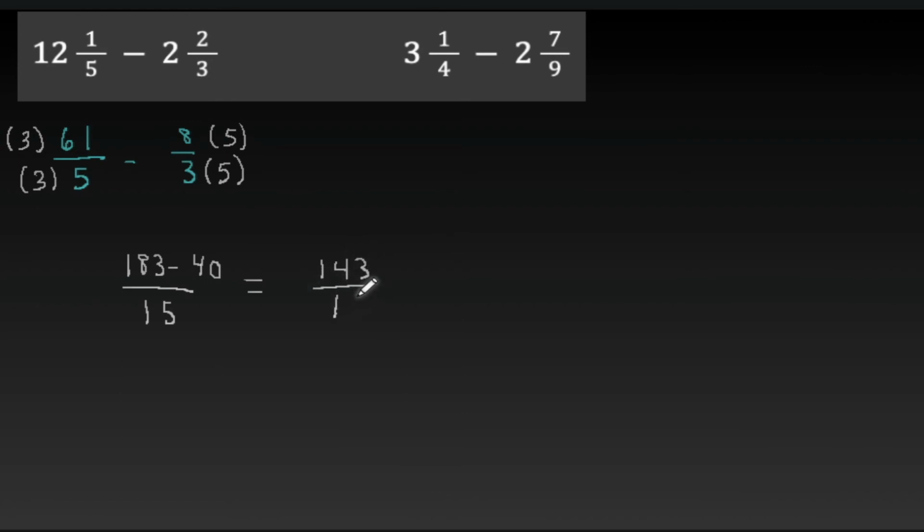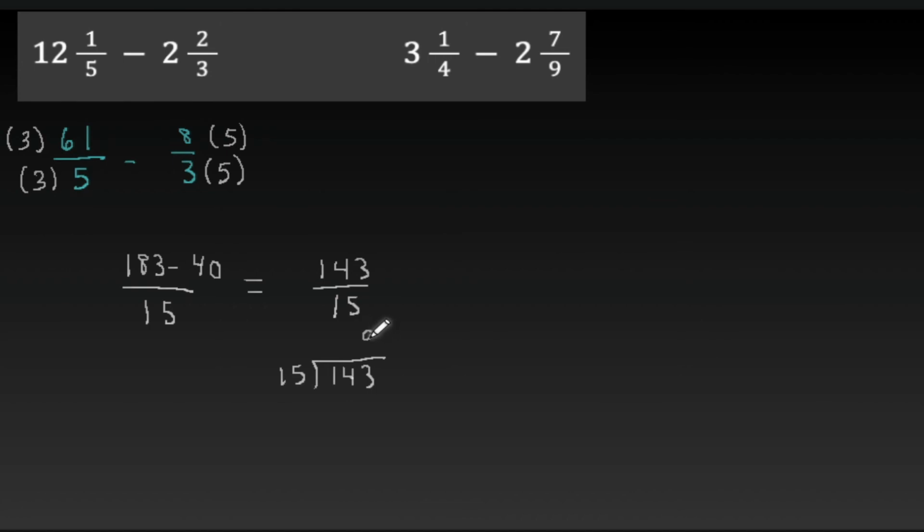over 15. So if you can see, this is an improper fraction. We cannot leave it like this. We have to simplify this even further to where the answer is a mixed number. So let's go ahead and divide 143 by 15. 15 does not go into 14. 15 does go into 143 without going over.